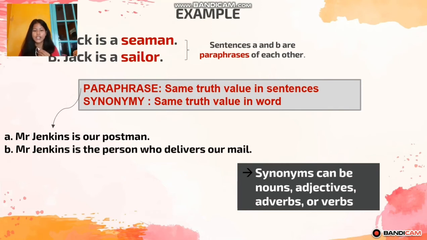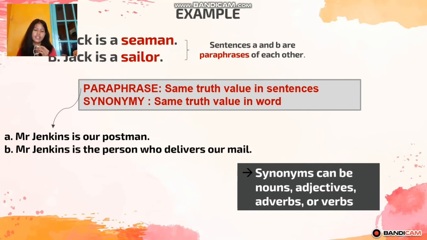Sentence B, Jack is a sailor. From sentences A and B, we can see that the word cement has the same meaning as sailor. The lexemes cement and sailor are synonyms. Sentences A and B are paraphrases of each other.